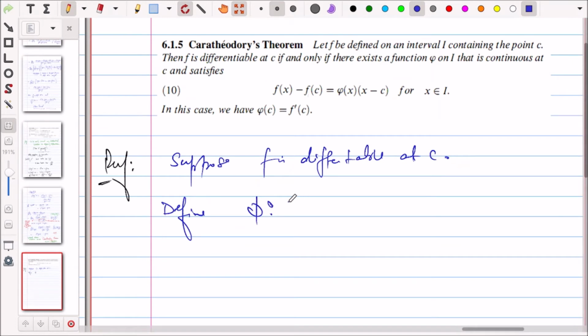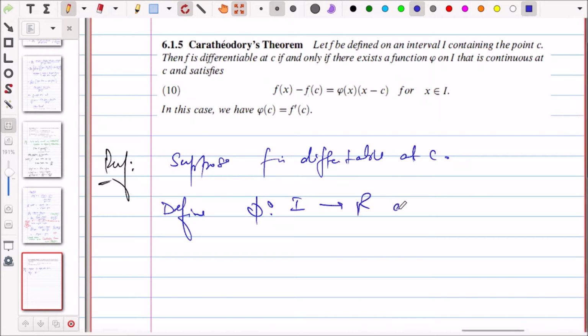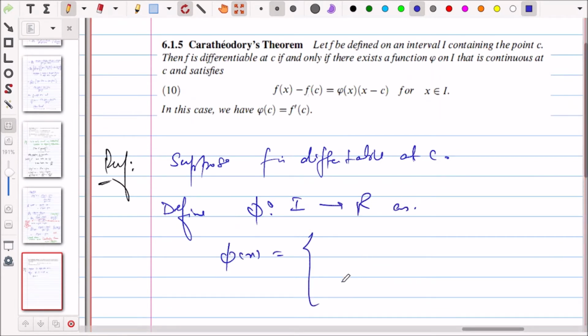Define phi from I to R as, क्या डिफाइन करना चाहिए phi x इक्वल टू, बताओ. At C तो ये वैल्यू दे रखी है हमें, तो x इक्वल टू C पे हमें f dash C डिफाइन करना है, राइट, बिकॉज वी हैव टू सेटिस्फाई दिस प्रॉपर्टी. सो ये हमें दिया हुआ है यहाँ पे हिंट.